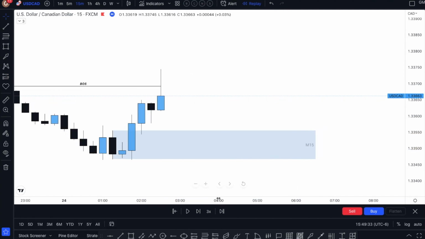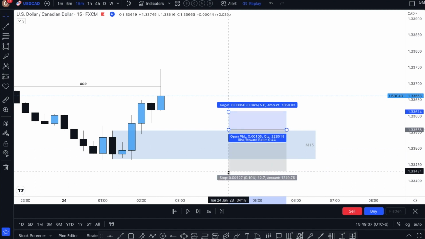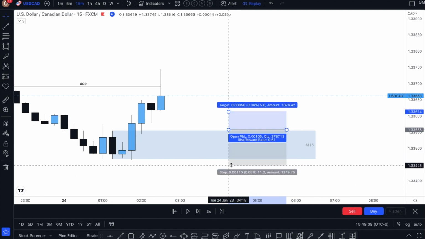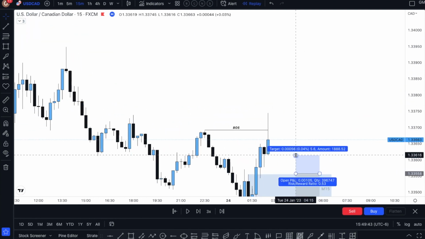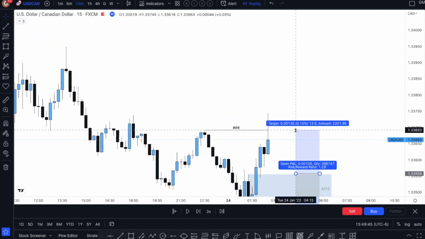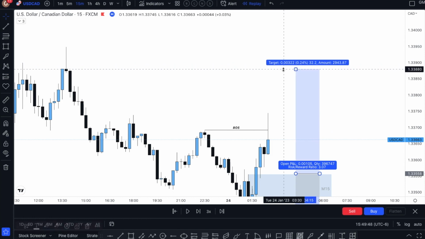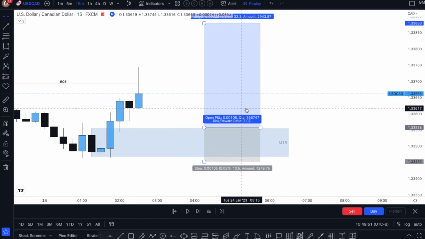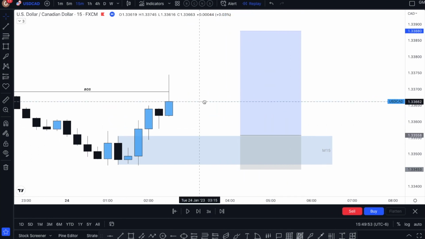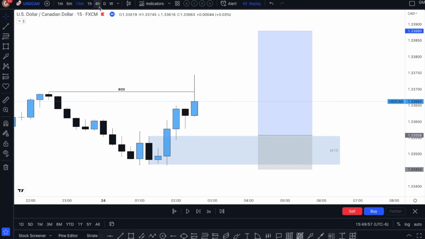So one of the things we can do, we can place our long tool here, about 10 pips or so, and we can look to ride price up to this area here, or possibly to this area right here. Okay. However, we can probably catch a better sniper entry from a lower time frame.